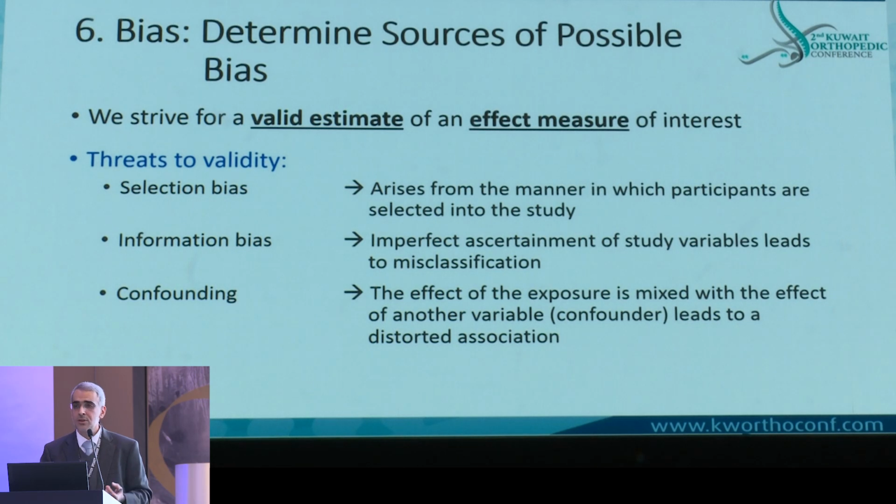When we talk about information bias, did we have any type of measurement error when we assessed the disease or the exposure that we are studying? There is something called misclassification: maybe someone who's not exposed is mistakenly said to be exposed, and so on. And then there is confounding. Failure to account for confounding again can lead to serious error and wrong conclusions.